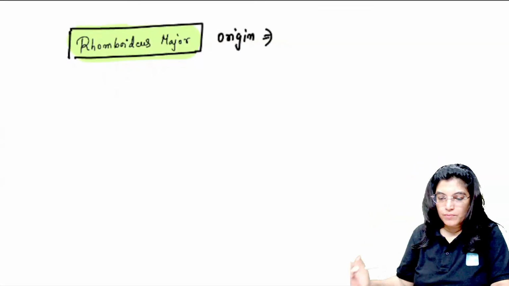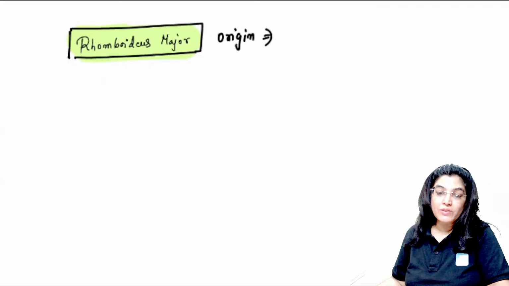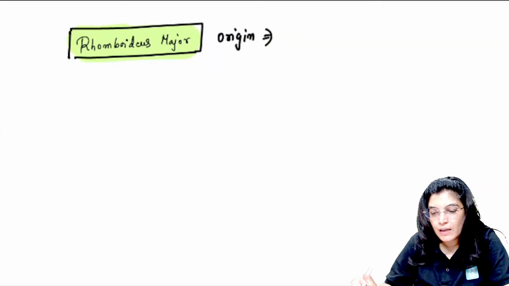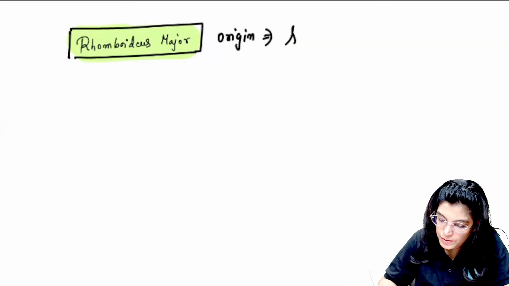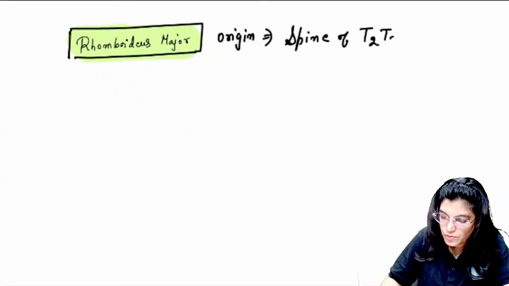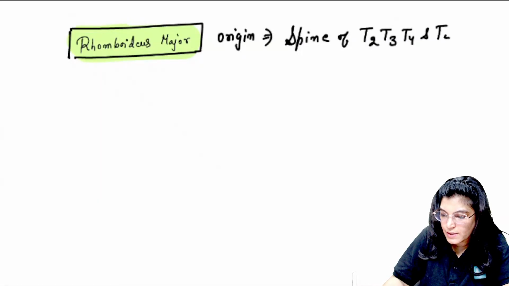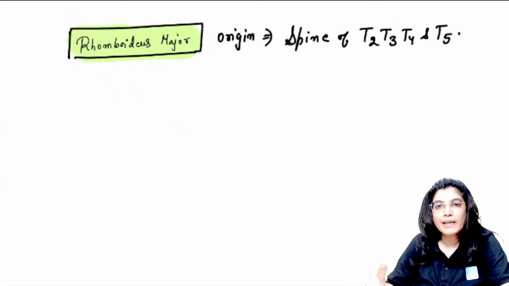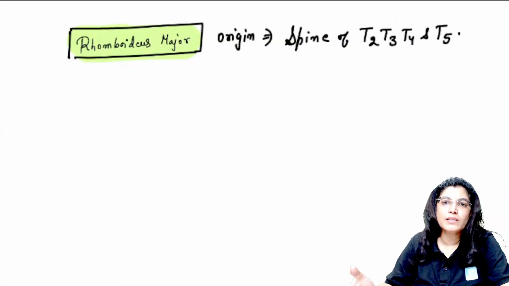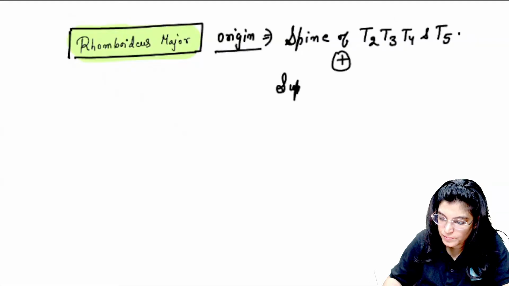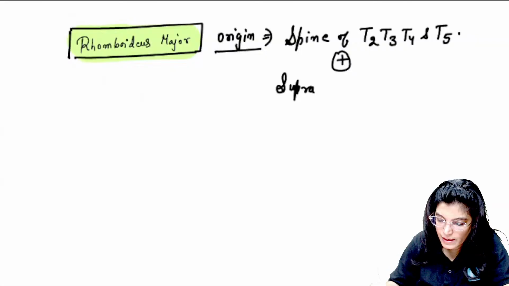It is arising from the spines of T2, T3, T4, and T5 thoracic vertebrae, and obviously the intervening ligaments. The spines of these thoracic vertebrae have the supraspinous ligament, so it will also originate from the supraspinous ligament.